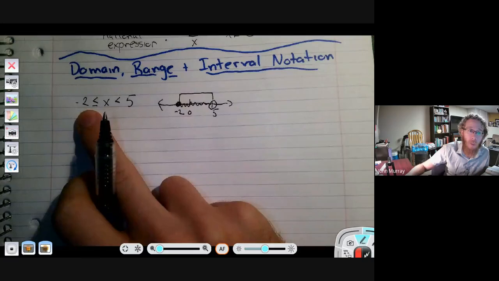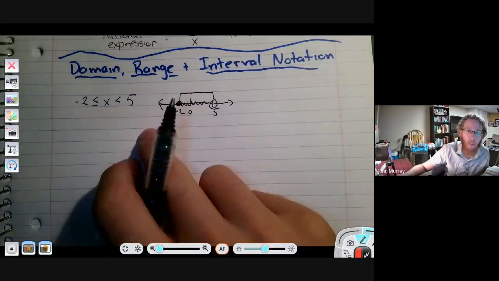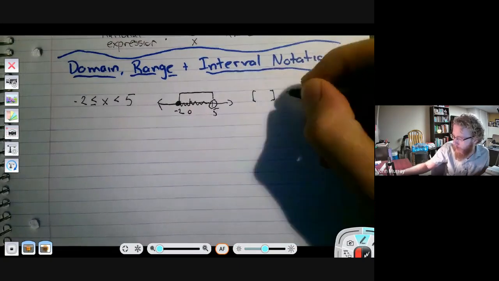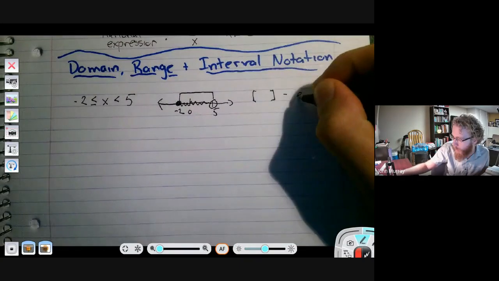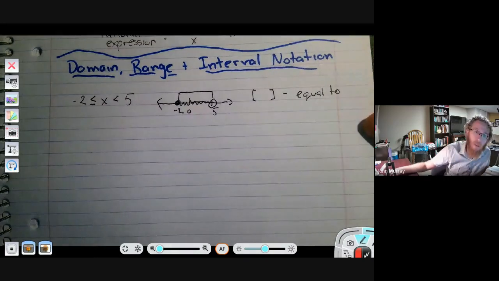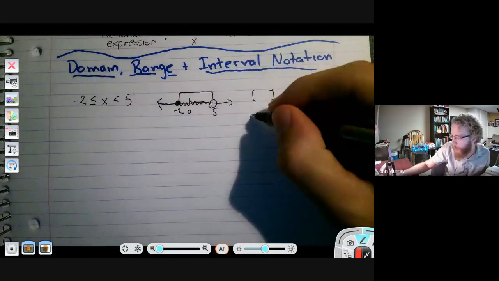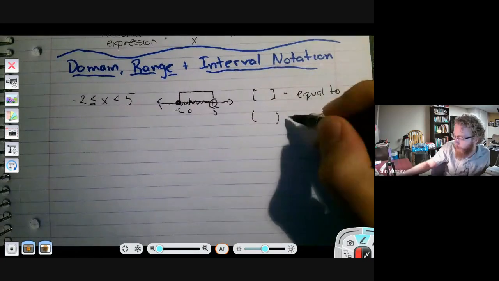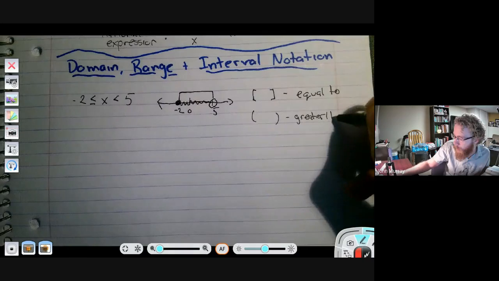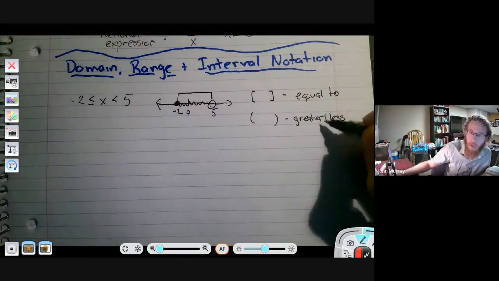So what we use is either parentheses or brackets, okay? So we have brackets anytime we have an equal to, right? And I use parentheses when it's just the greater or less than.